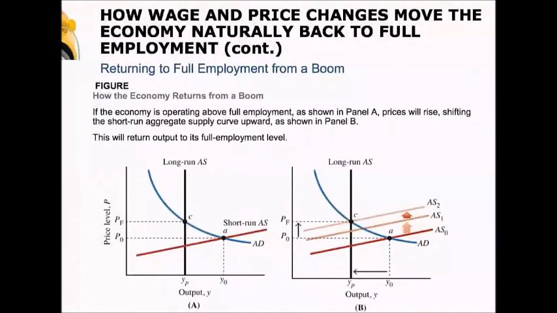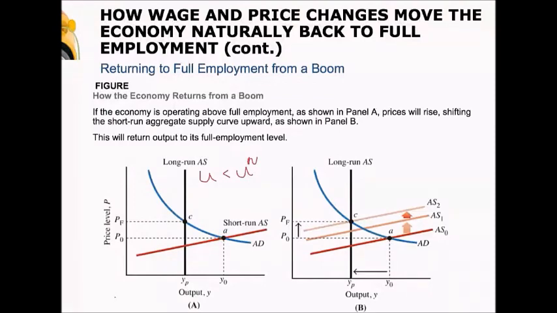We can tell the same story if we see actual output above potential output. Here the short run aggregate supply curve is crossing the aggregate demand curve where output is greater than potential output. Now we know that unemployment is less than the natural rate of unemployment. Now, if that's the case, wages and prices are going to start to rise.